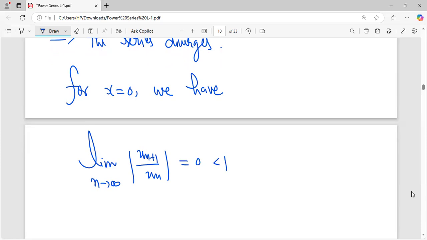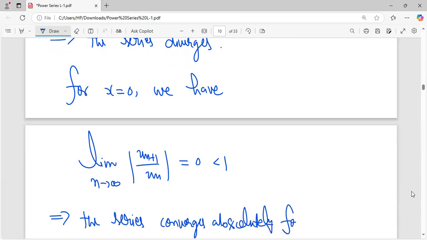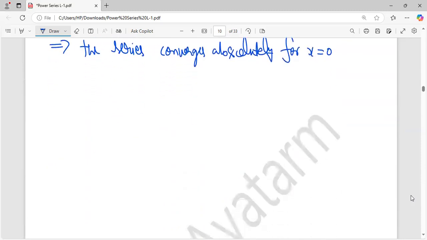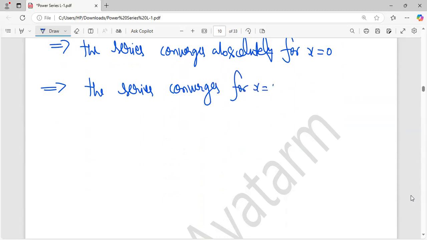This implies the series converges absolutely for x is equal to 0. This implies the series converges for x is equal to 0.